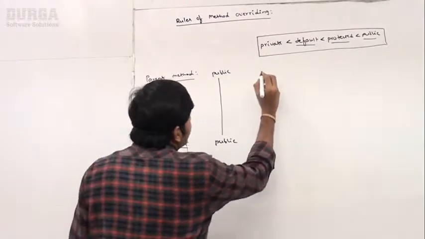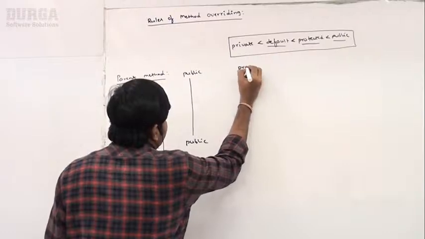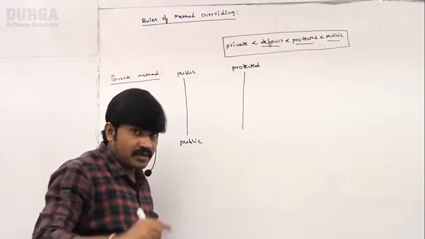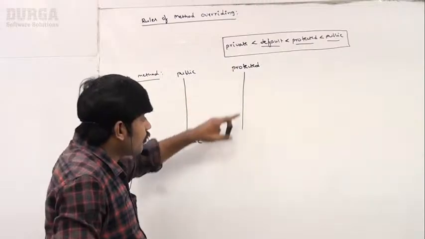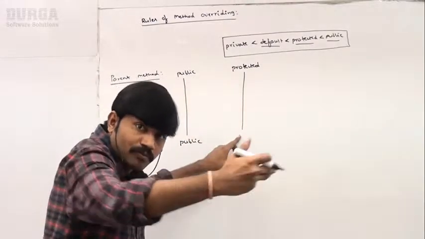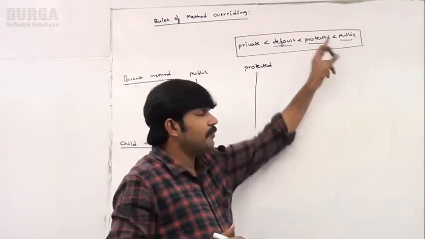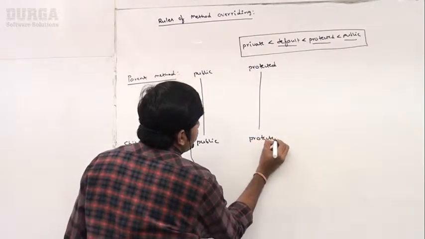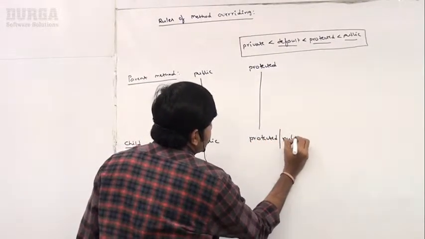If the parent is protected, the child can be either protected or more access. More access means public. So the child class method can be protected or public.